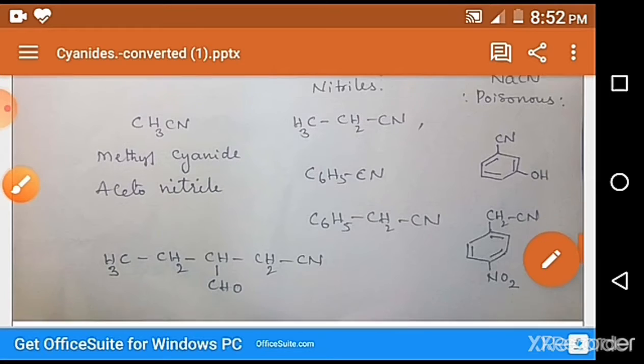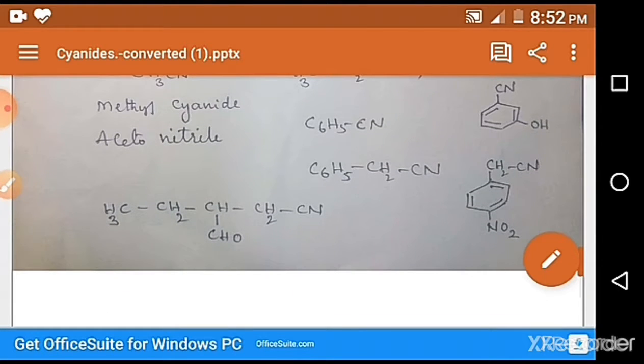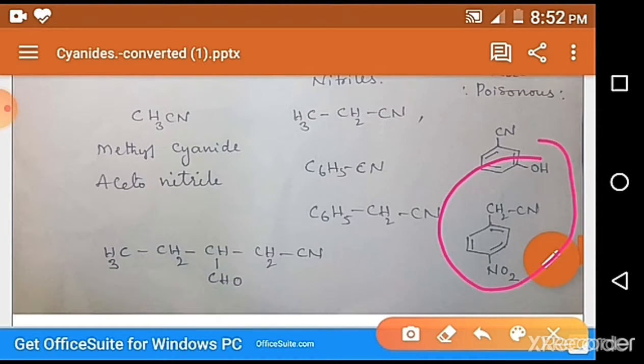Then this one, what is the name of this compound? See, this is benzyl cyanide, but in the phenyl we have a 4-nitro group. So 4-nitrophenyl methyl cyanide is the name in the IUPAC system.